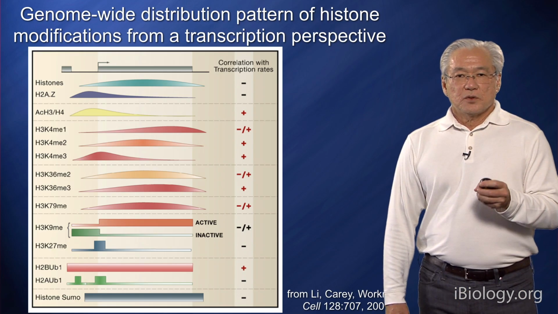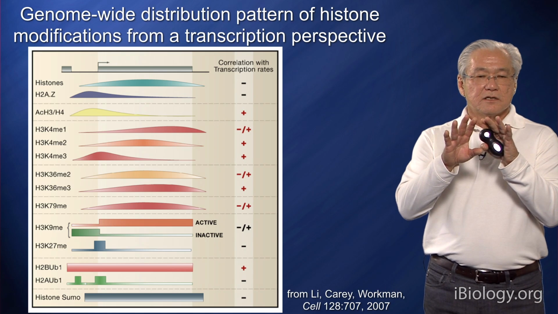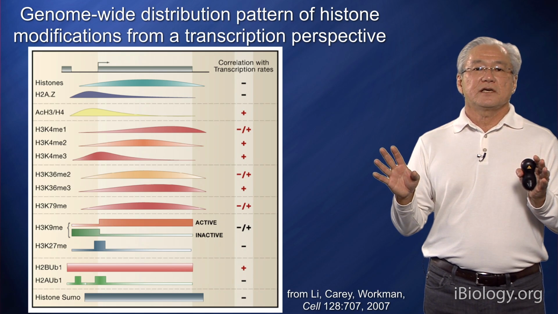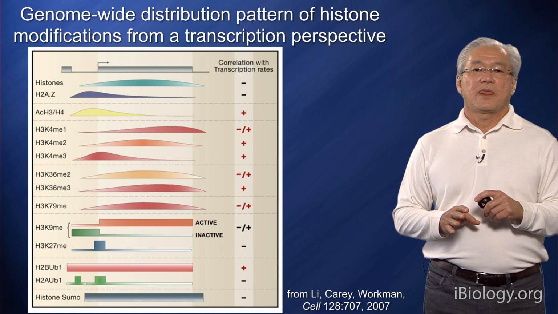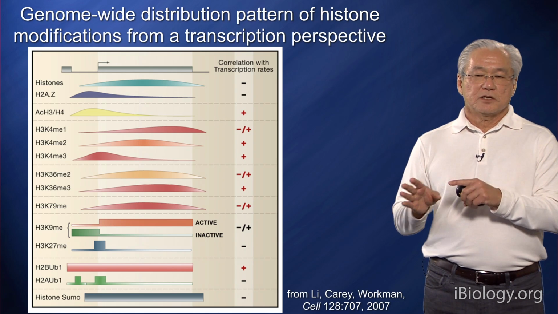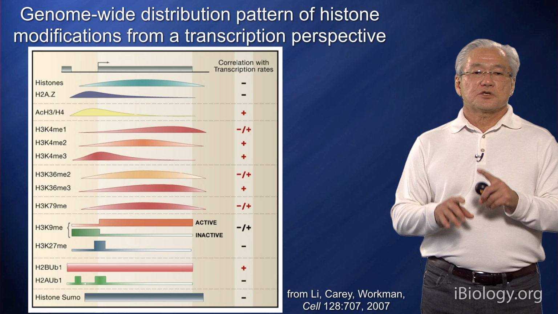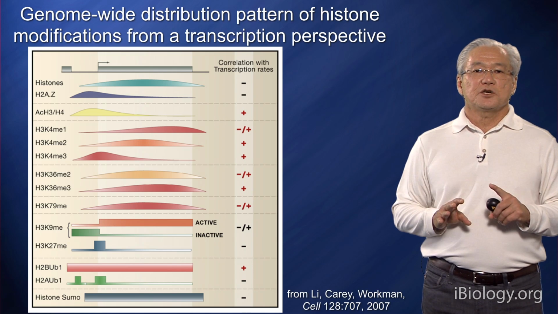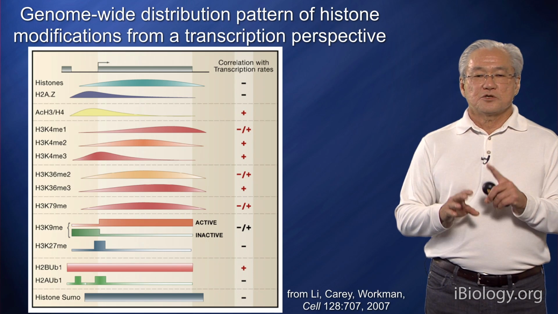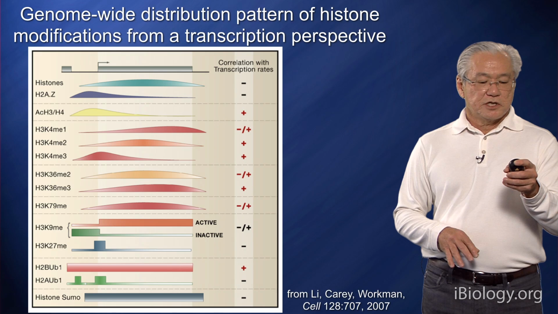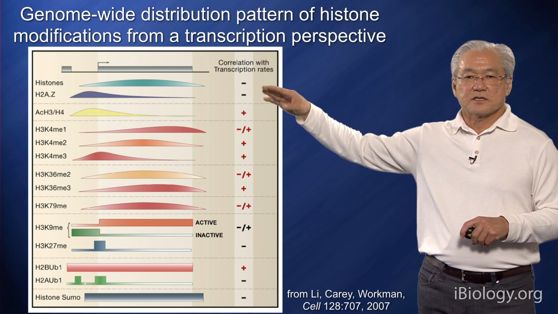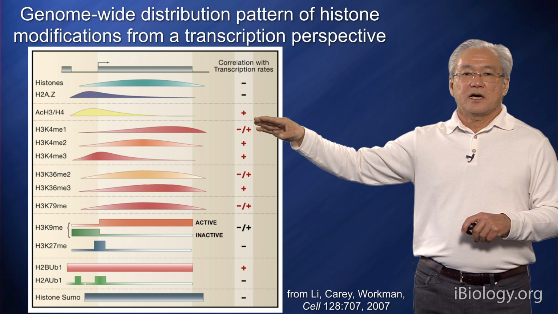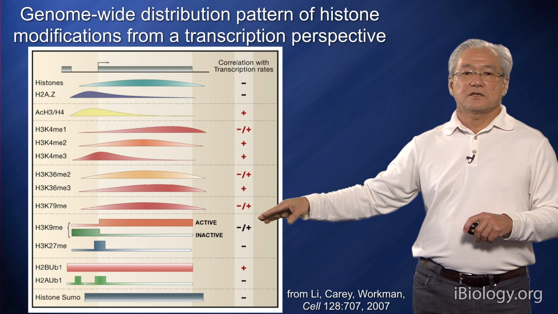Okay, so because of these genome-wide changes in RNA polymerase II occupancy across the genome, we wanted to then additionally look at the distribution of histone modifications across the genome, which are traditionally associated with the process of transcription. And so this is a summary of different types of histone modifications that are known.